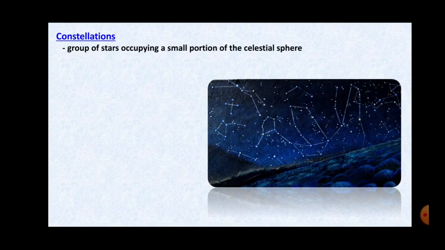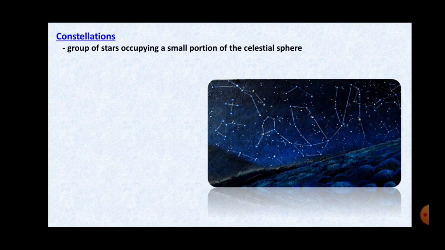To start with the constellations. Students, have you visited Nehru Planetarium? If you have visited Nehru Planetarium, you might have seen that 3D show which they have, in which they show the different constellations, all the constellations. So, what are these constellations? The constellations are groups of stars which occupy a small portion of the celestial sphere.